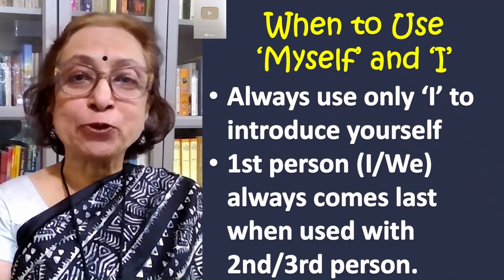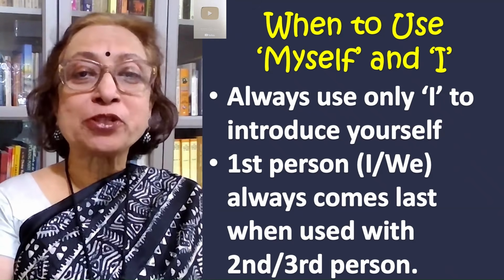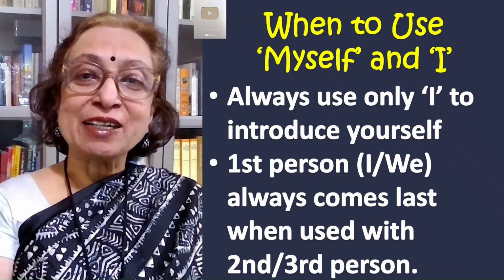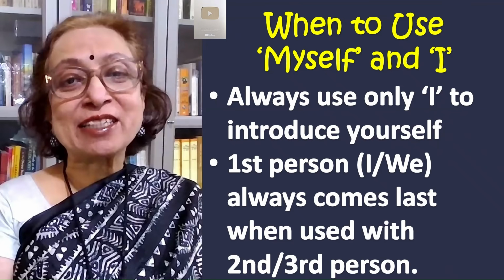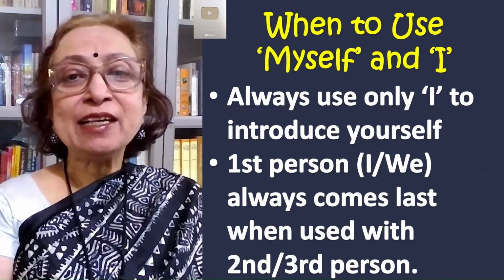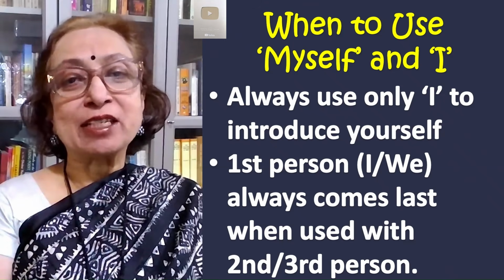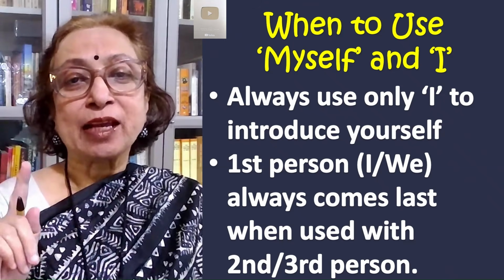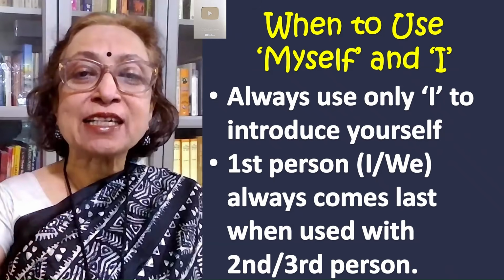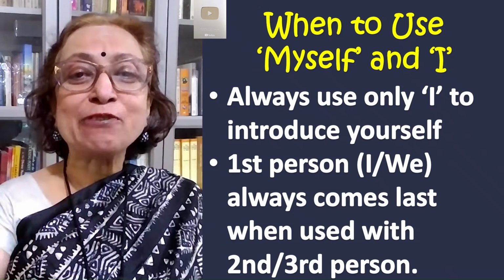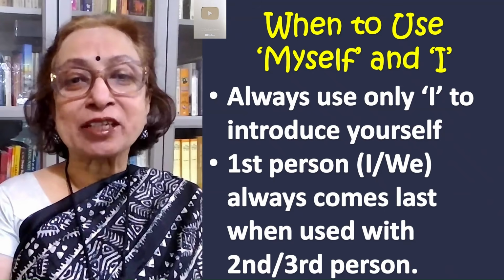Often there is a confusion. Should you use myself or should you use I? Myself sounds very interesting. So we often say, myself Sumita Roy, while introducing ourselves. That is not correct. Suppose a person says, introduce yourself, then you feel you have to say myself and then your name. That is not correct.